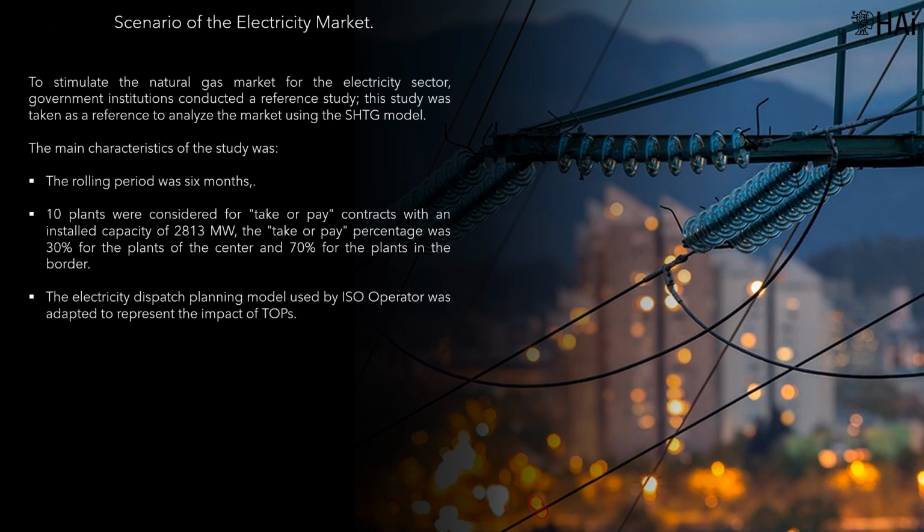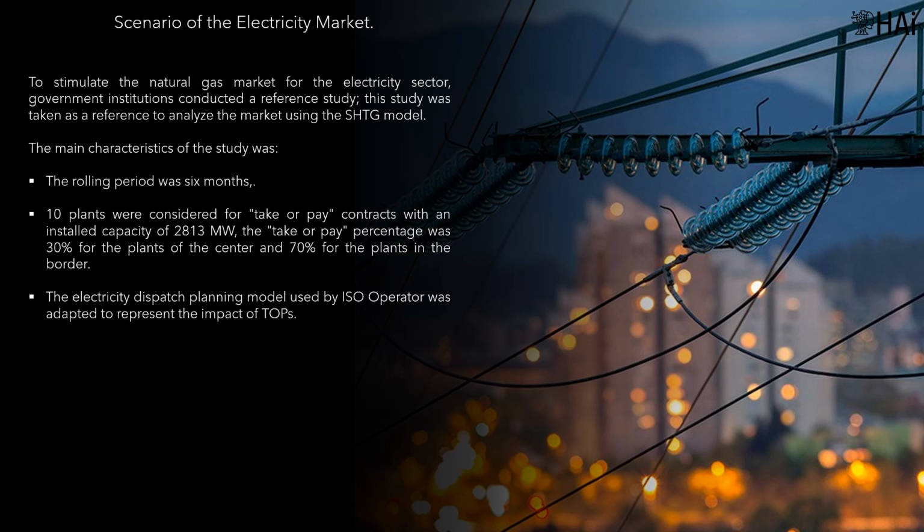To stimulate the natural gas market for the electricity sector, government institutions conducted a reference study. This study was taken as a reference to analyze the market using the SHTG model. The main characteristics of the study were: the rolling period was 6 months. 10 plants were considered for take-or-pay contracts with an installed capacity of 2,813 megawatts.